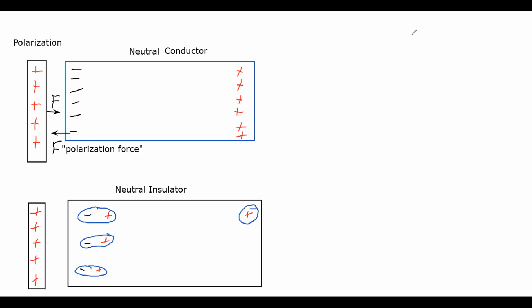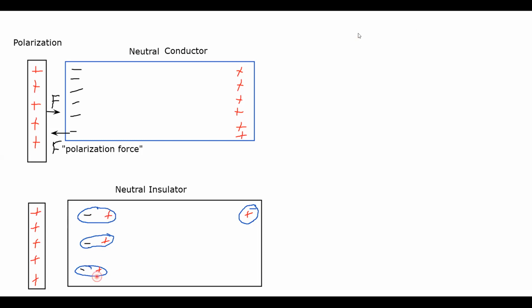If you look at this, the negative charges are closer to the rod, right? So these negative charges are closer to the rod than the positive charges. Because they are closer, they're going to give you a greater attractive force than the repulsive force between this positive and this positive, for example.